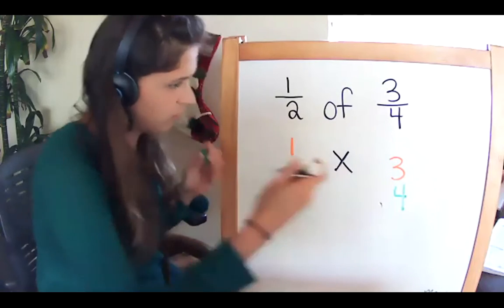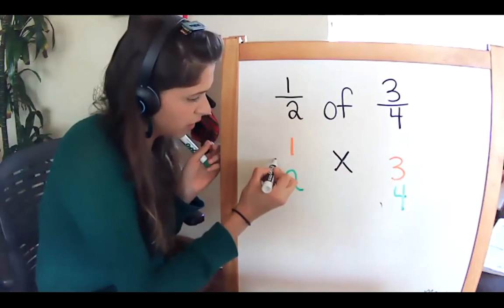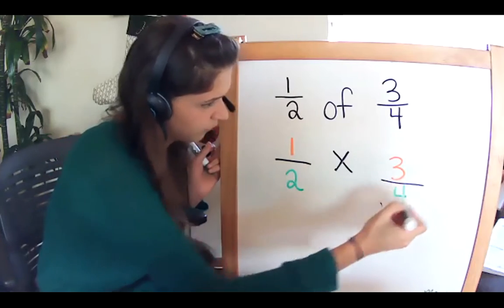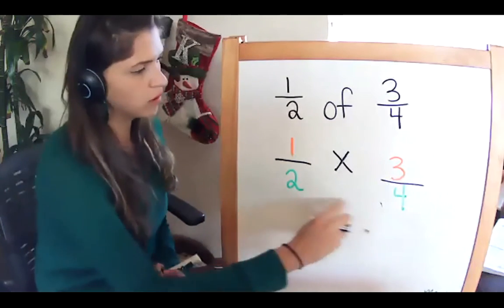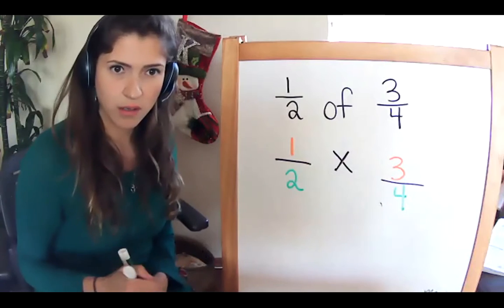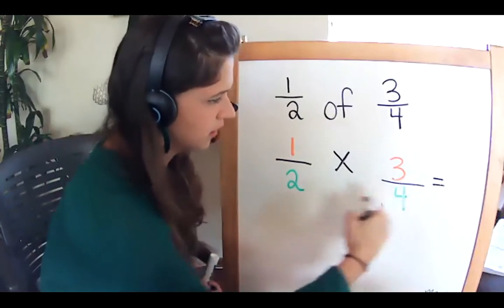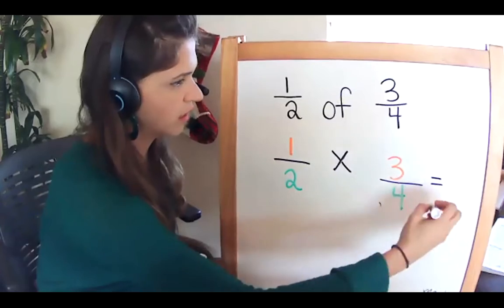So here's our problem. 1/2 times 3/4. Well, when I multiply my numerator, my denominator, aren't I going to get a really big denominator? 2 times 4 equals?